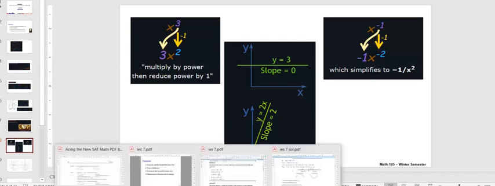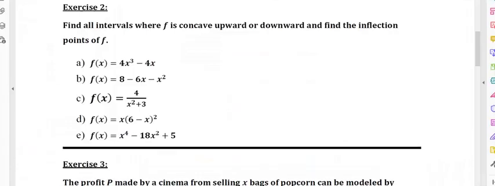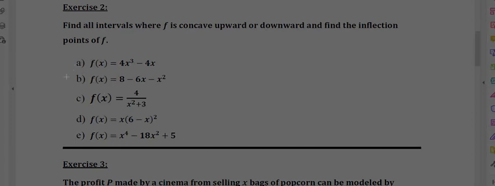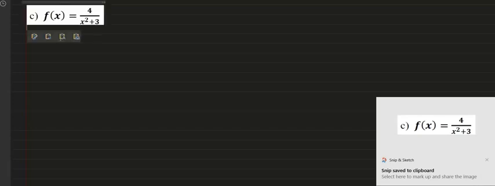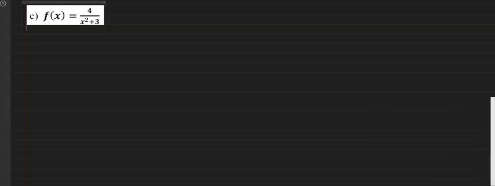Let's go to the worksheet and examine some of these problems. Taking part C, our steps will be like we did with worksheet 6.